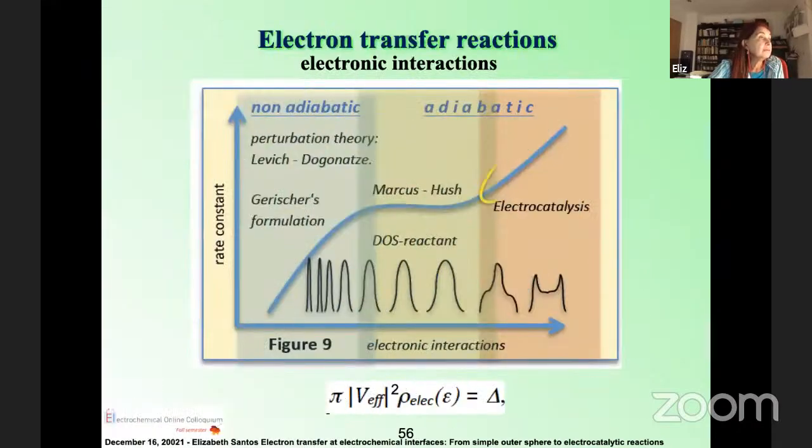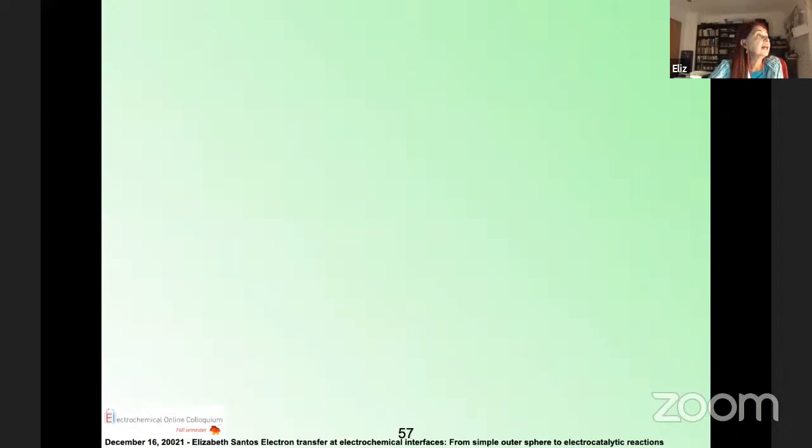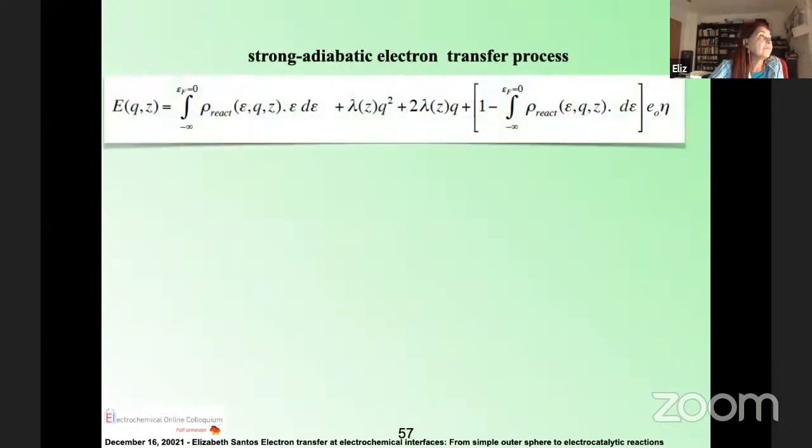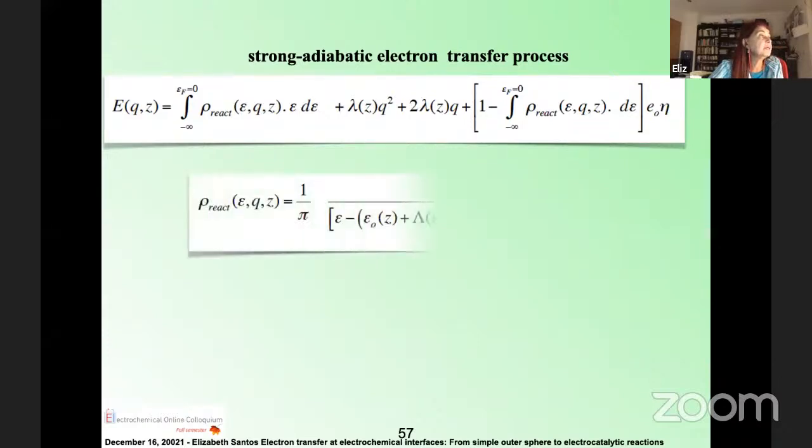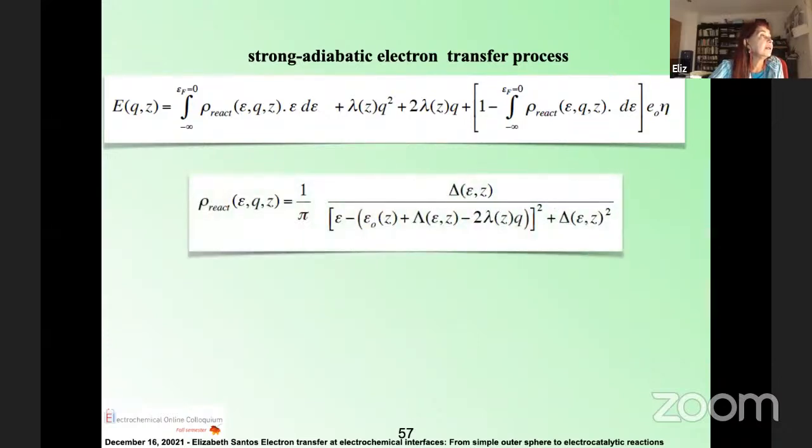Okay, then we go to the last part of the course. This is the electrocatalysis part. And here is where we have very strong interactions. And here in the activation energy, the total energy of the system depends on the interaction with the metal.